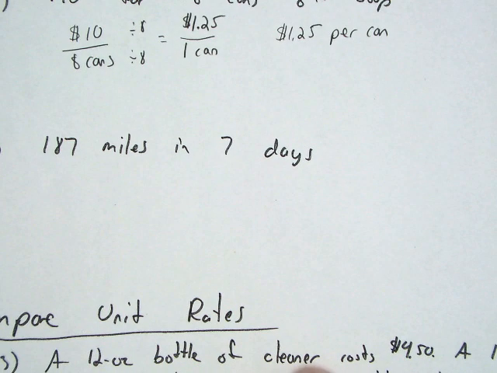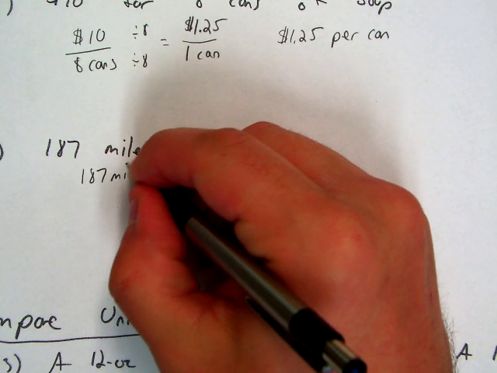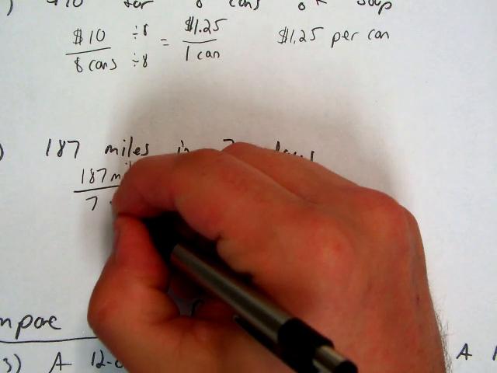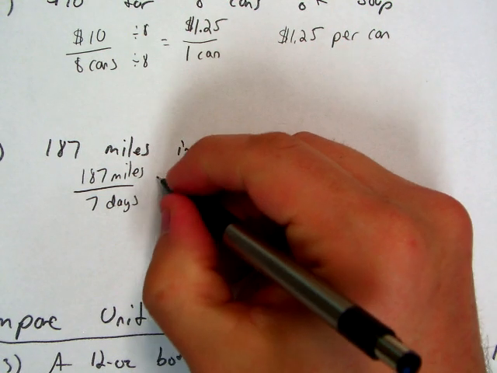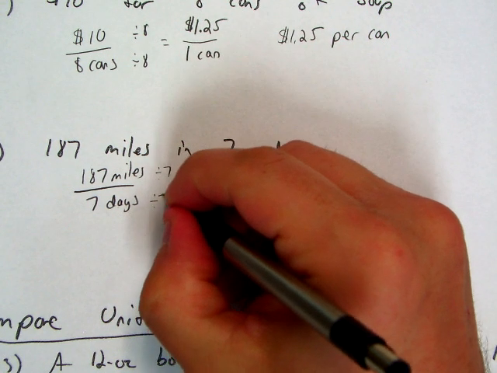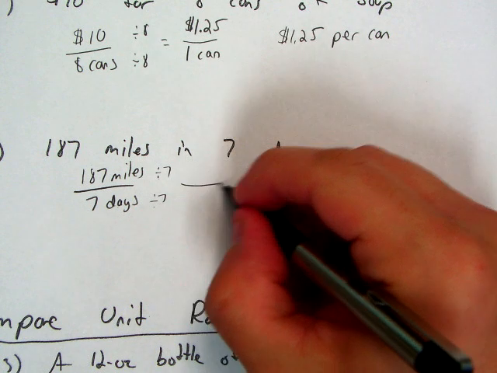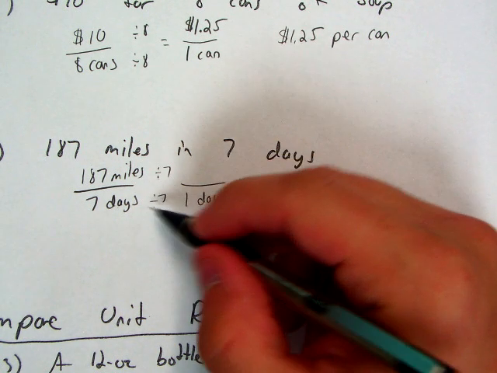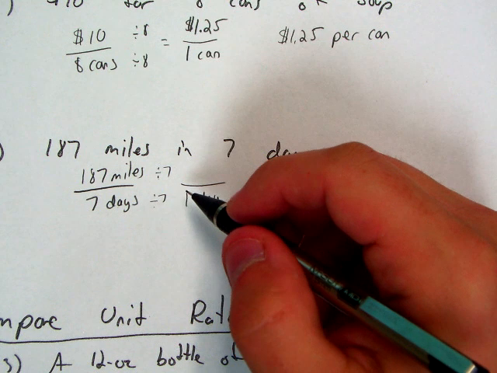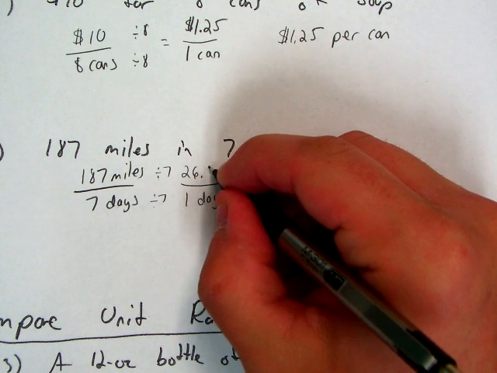Example 2, I have 187 miles in 7 days. So 187 miles divided by 7 days. I want to divide both the numerator and the denominator by 7. And this is going to give me an ugly number, but that's okay because I can round as well. So my denominator is now 1. My numerator would be about 26.7.